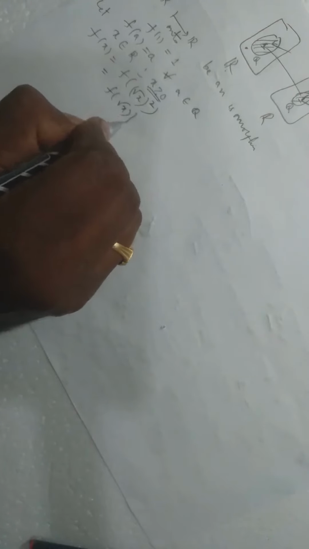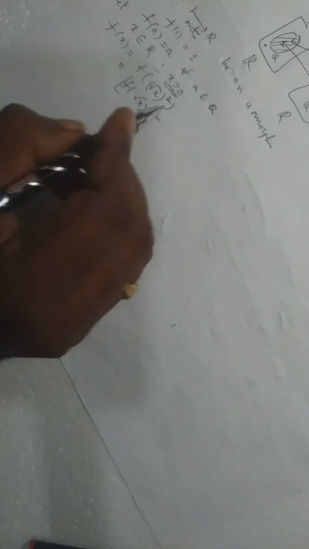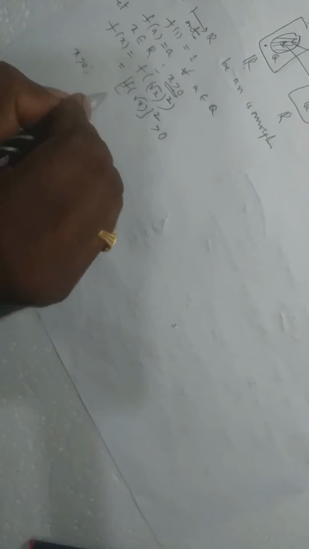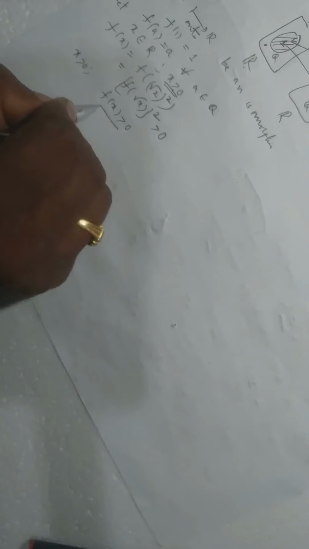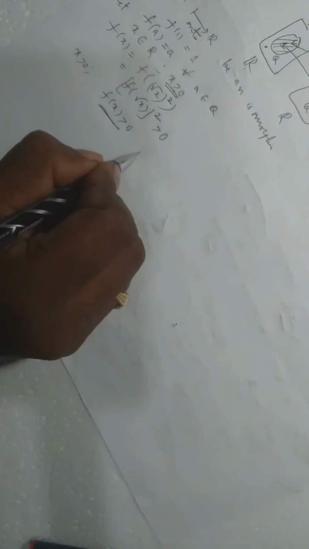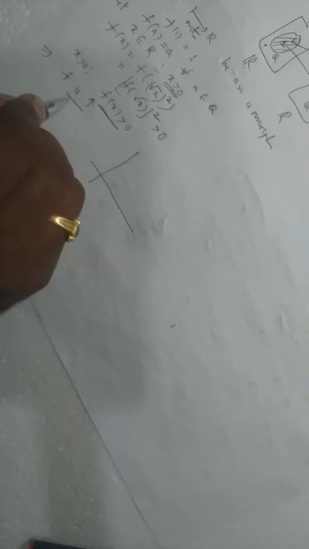Now this will imply it is f of root x whole square, by the property of homomorphism, and this is greater than 0. So whenever x is greater than 0, f of x is greater than 0. That's what we are observing here. That means this will imply f is increasing.